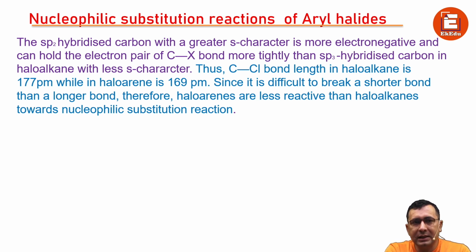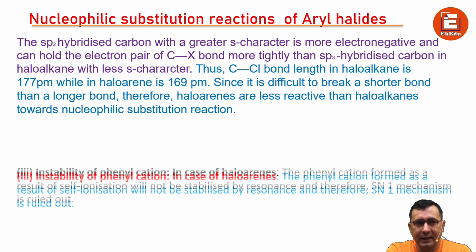Thus, the C-Cl bond length in haloalkane is 177 picometer, while in haloarenes it is 169 picometer. You can see that the shorter the bond length, the stronger the bond compared to a bond having more length. So it will be difficult to remove the chlorine atom from the benzene, and difficult to show the nucleophilic substitution reaction.